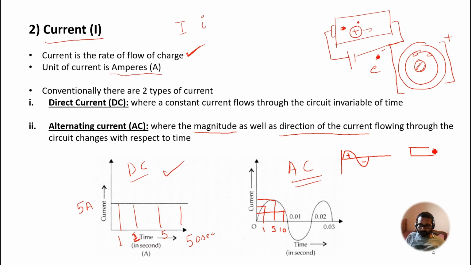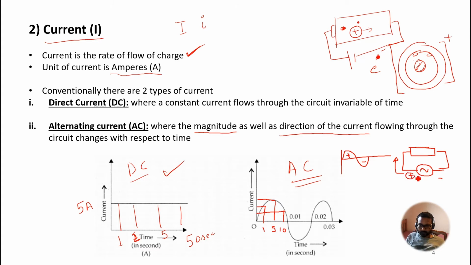So if you have some circuit or some resistance which you have connected to an alternating current like this, what would happen is for the first half cycle, let's say this is positive and negative, the current will flow in this direction. Whereas for the second half cycle, its polarity changes.